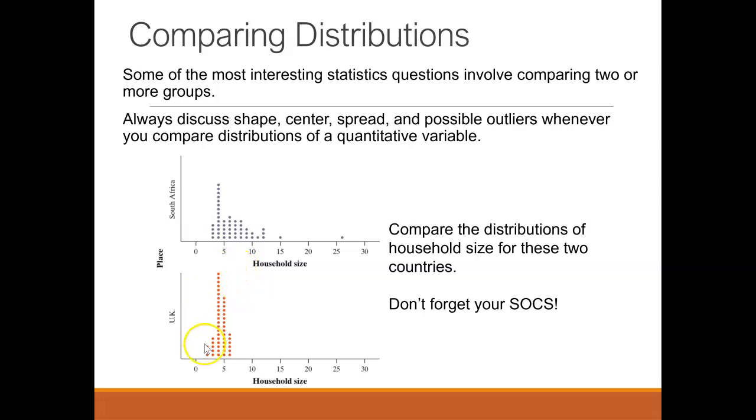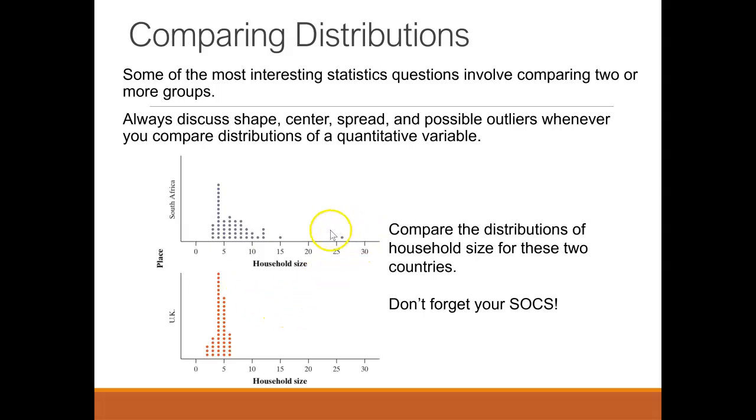Anybody? That looks symmetric to me. The right side and the left side look the same. What about this one, though? That's skewed right. You guys buy that? Again, we said the center was somewhere over here. That right side is way longer than the left side.